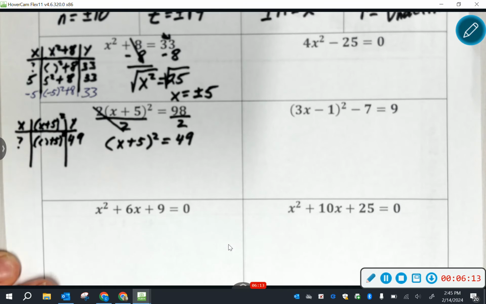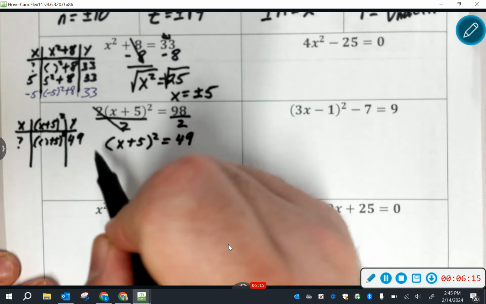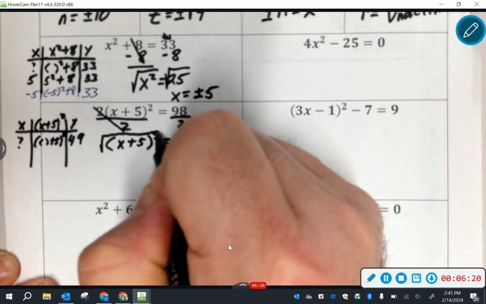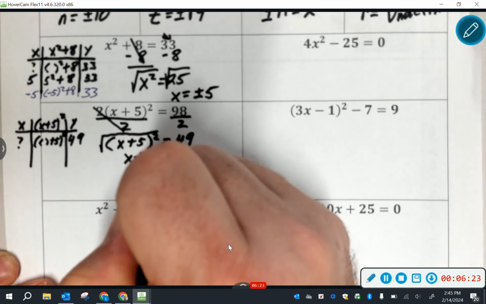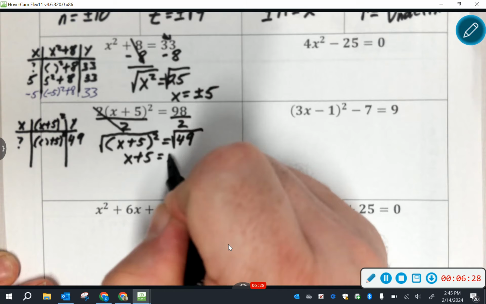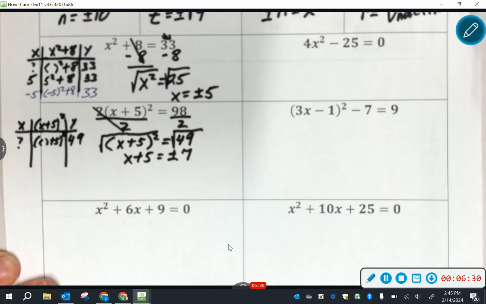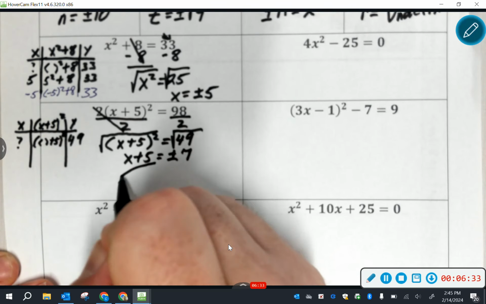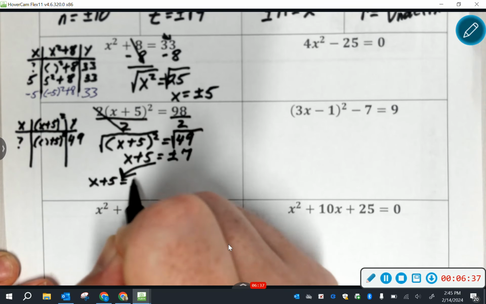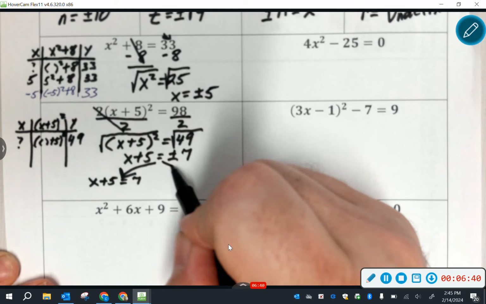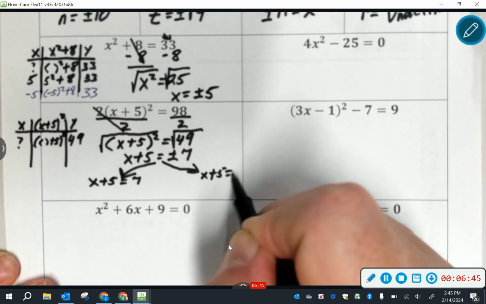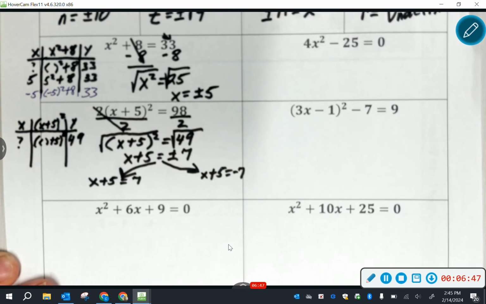Okay, so here's how we will solve that. Notice I can take the square root of this since it's squared. So I take the square root, that gives me x plus 5, and then I take the square root of this side as well, and so that's going to give me plus or minus 7. So now I'm going to go x plus 5 is equal to 7 and solve that for x, and then I will do x plus 5 is equal to negative 7 and solve for x.